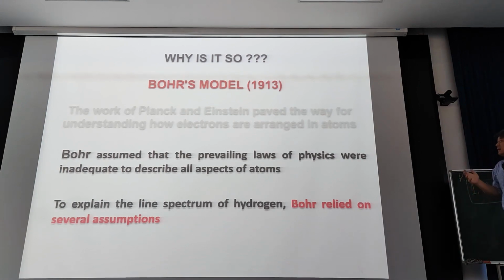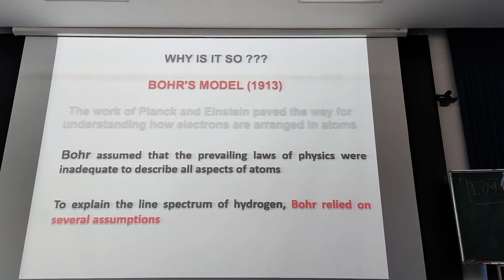Bohr assumed first that the laws of physics, we call the classical physics, are not applicable, not appropriate to describe the atom structure. So we mentioned about that. So to explain the line spectrum of hydrogen, Bohr relied on several assumptions, hypotheses.